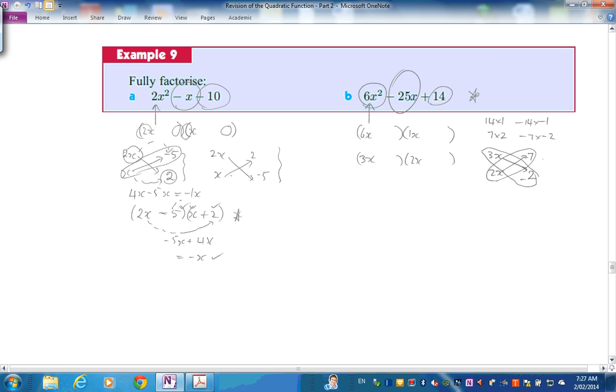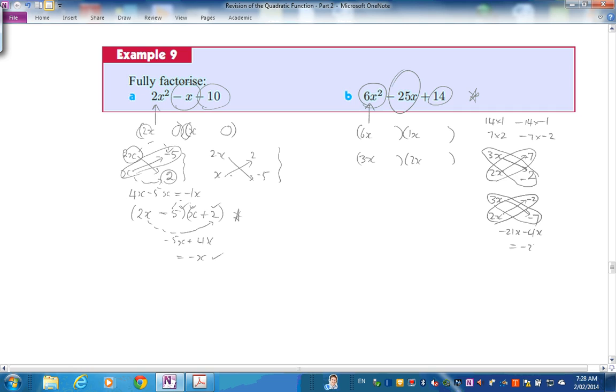Take 6x. Okay, would that do? No. Let's try again. 3x and 2x. Now it's got to be negative, so let's do here perhaps -2 and -7. So that's -21x. Take 4x. Ooh, that's it, I think.